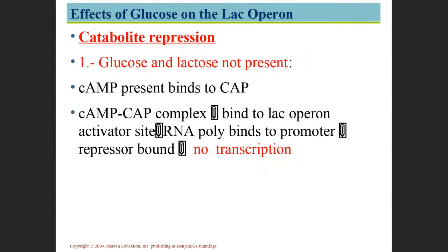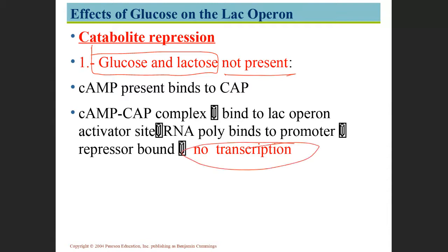So what that means is that if we have glucose, okay, so let's look through all the scenarios. If glucose and lactose are absent, then everything is off. There is the AMP, and yes, you can have the CAP, but the lactose is not present to get rid of the repressor.